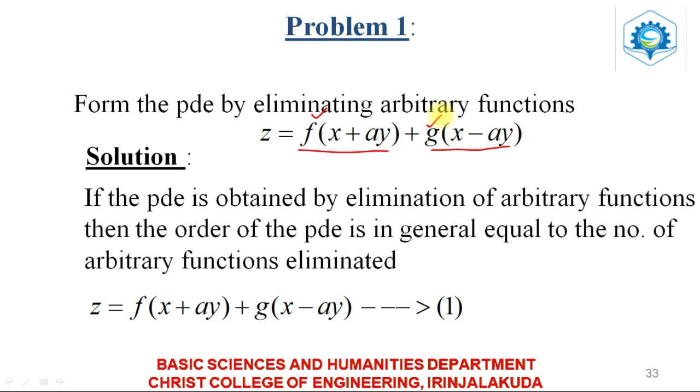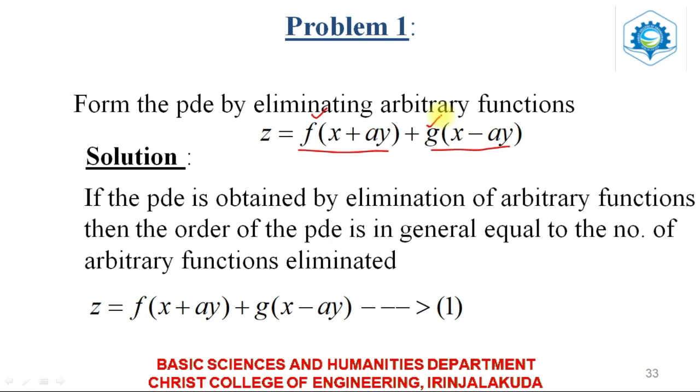So the number of arbitrary functions is the same as the order of the differential equation. Here it is 2. That means you need to find second order derivatives to find the corresponding differential equation.